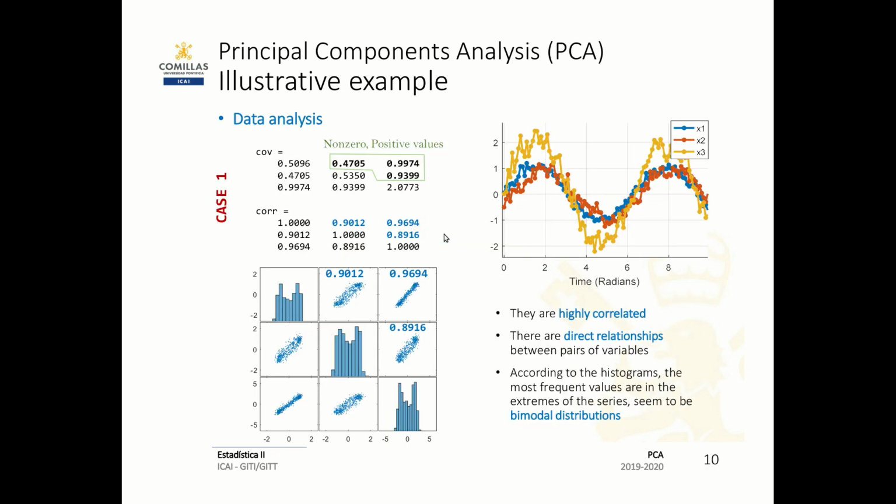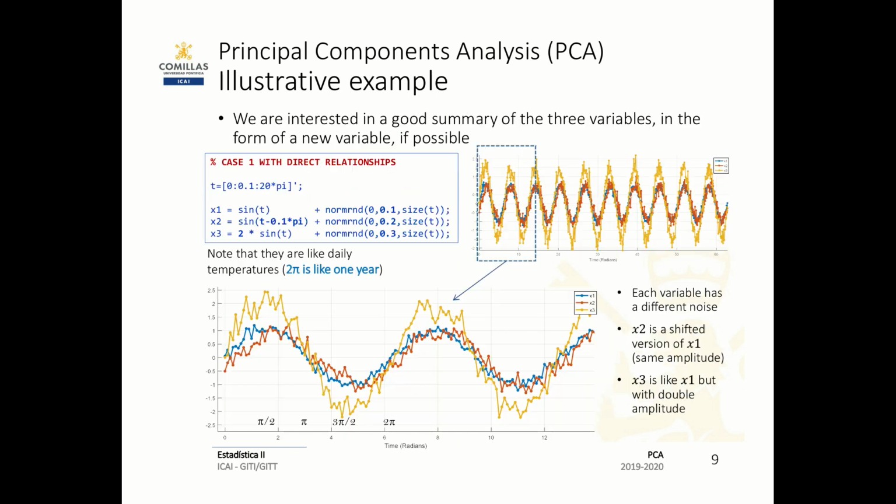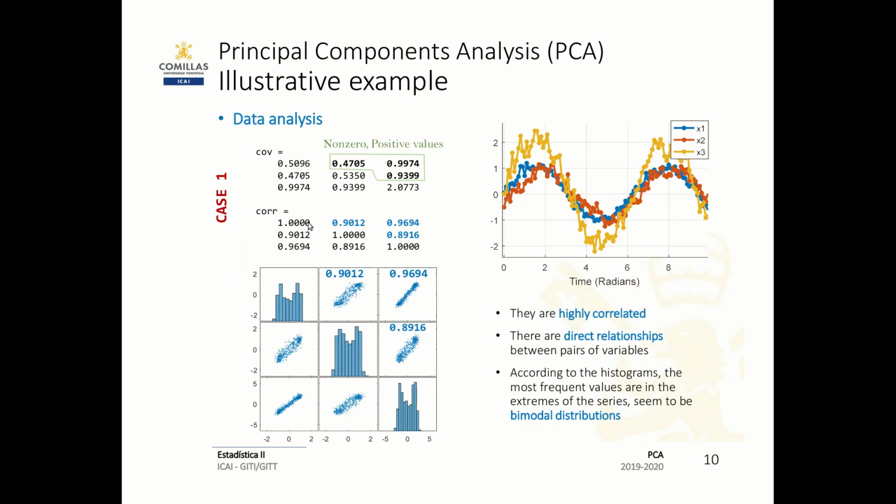So that is why the correlation is so high. And x2 is almost the same sine. It is not exactly the same sine because it has been shifted by 0.1 pi, but it is almost the same.